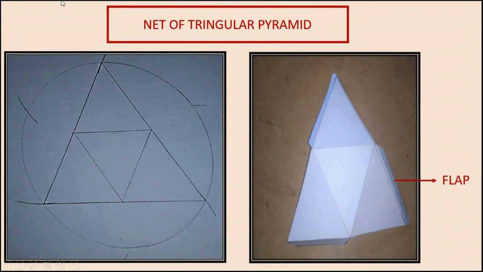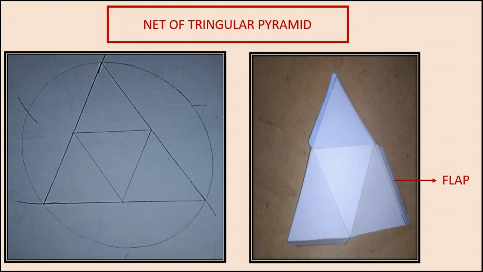Net of triangular pyramid. To make the triangular pyramid, you have to make a circle first with the help of a compass. Now how wide have you set the compass to make the circle? Don't disturb it because you have to mark the edges evenly. Suppose you have taken 2 centimeters width on that compass to make the circle.